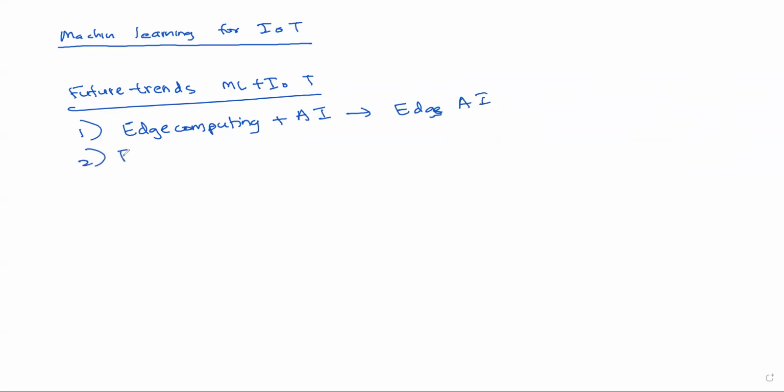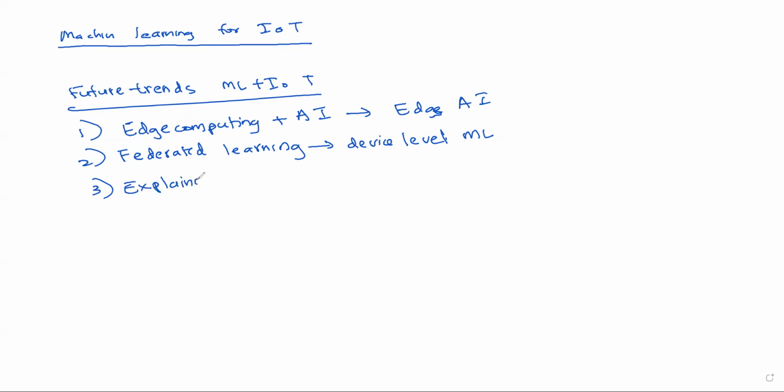Then we have federated learning, which means using machine learning at the device level. We are training the device, and training the device can be done using a machine learning algorithm. And then we have explainable AI.